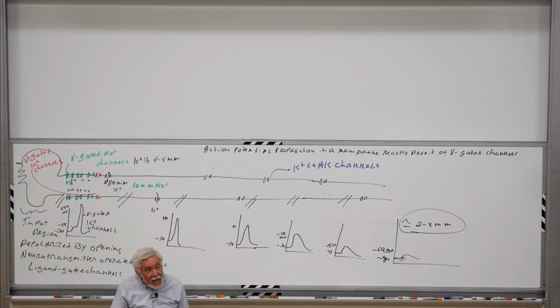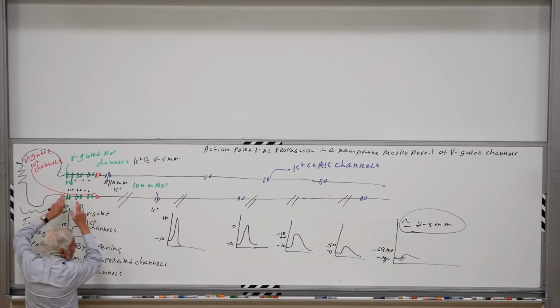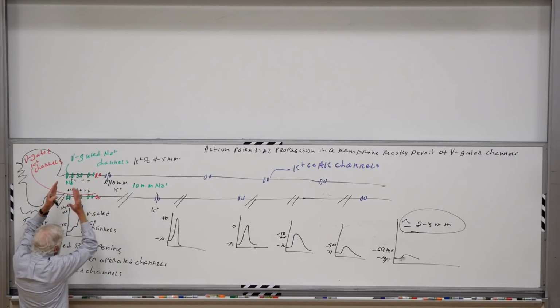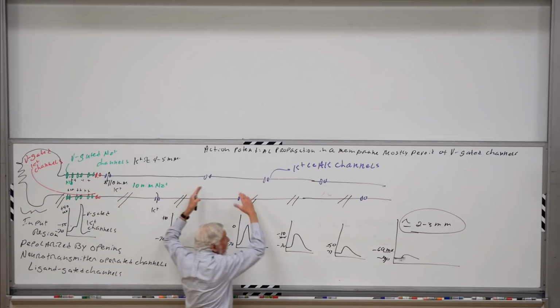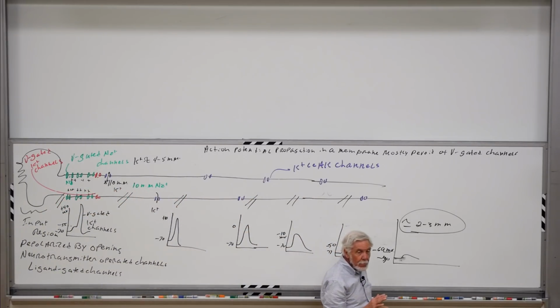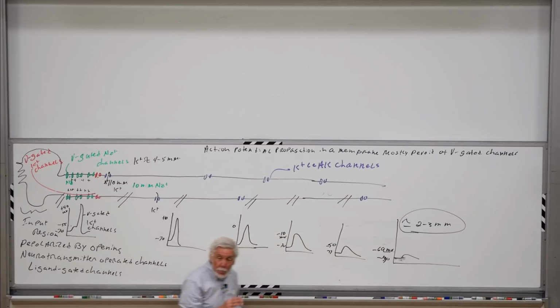So what we need is a mechanism, a way of regenerating this potential. We've generated the potential here, but we need to be able to regenerate it over and over again so we can propagate it along the membrane. We're going to do that in 2 steps.